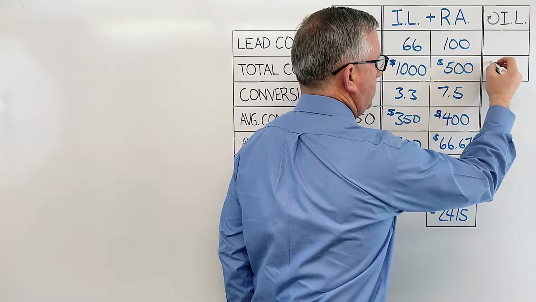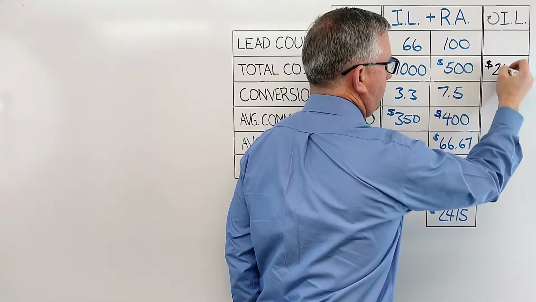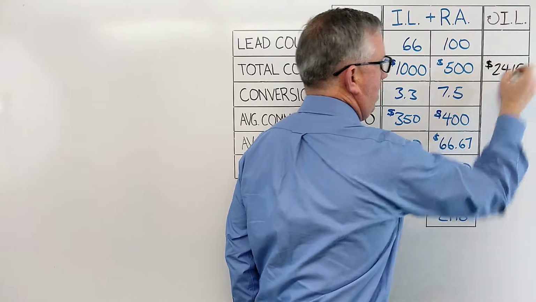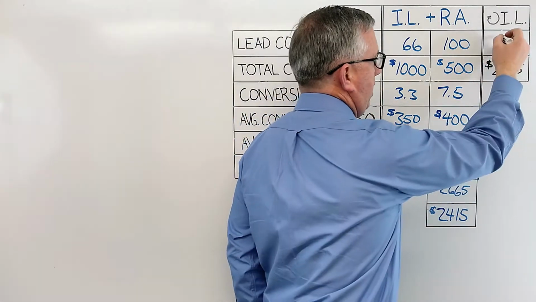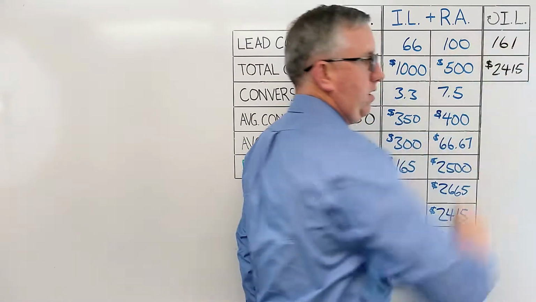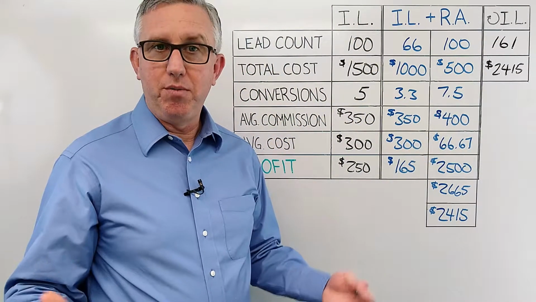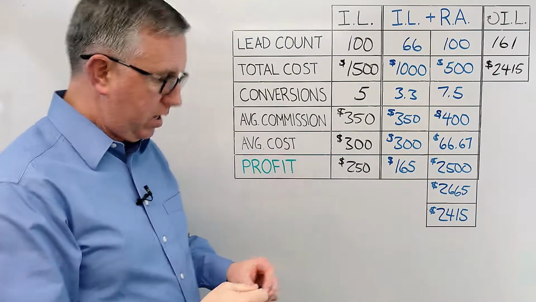So we'll say our total cost for this column is $2,415. How many internet leads does that get us? It gets us 161 leads, including the cost of the labor for prospecting. So look at what just happened.